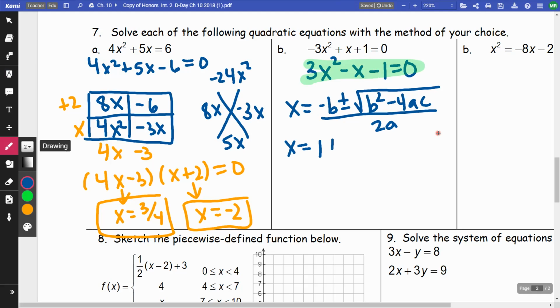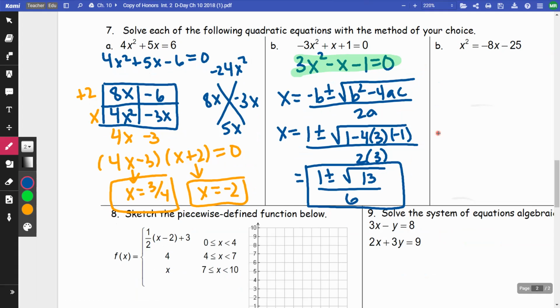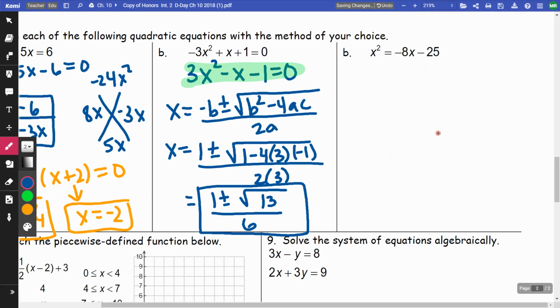So that's going to be a positive 1 plus or minus the square root of 1 squared, which is 1, minus 4 times my a, which is 3, and my c, which is -1, all over 2 times the a, which is 3. So we're going to get 1 plus or minus the square root of 13 over 6. And those are our 2 answers. So we got irrational answers on that.